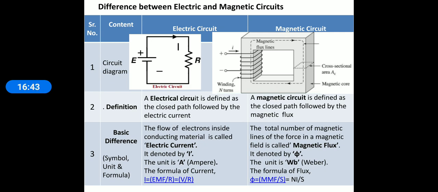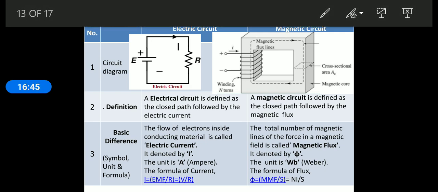In the circuit diagram, here EMF is applied, and here MMF. In an electrical circuit there is current flowing through the circuit; in a magnetic circuit, magnetic flux. In an electrical circuit there is resistance; in a magnetic circuit there is reluctance.